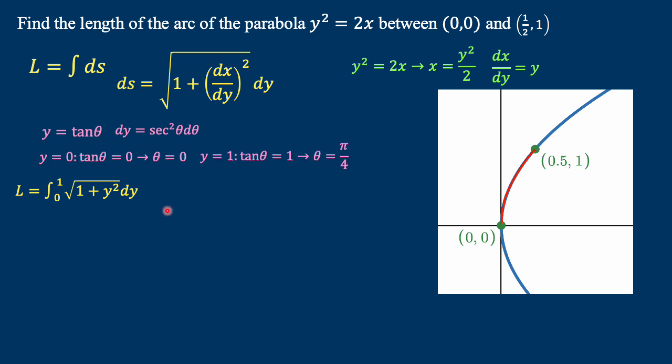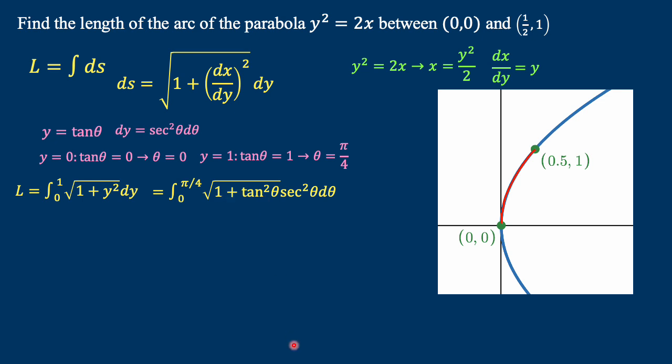Upper limit: y equals 1, tangent theta is 1, theta is pi over 4. So now substitute everything into the integral: integral from 0 to pi over 4 of square root of 1 plus tangent square theta, dy is secant square theta d theta.